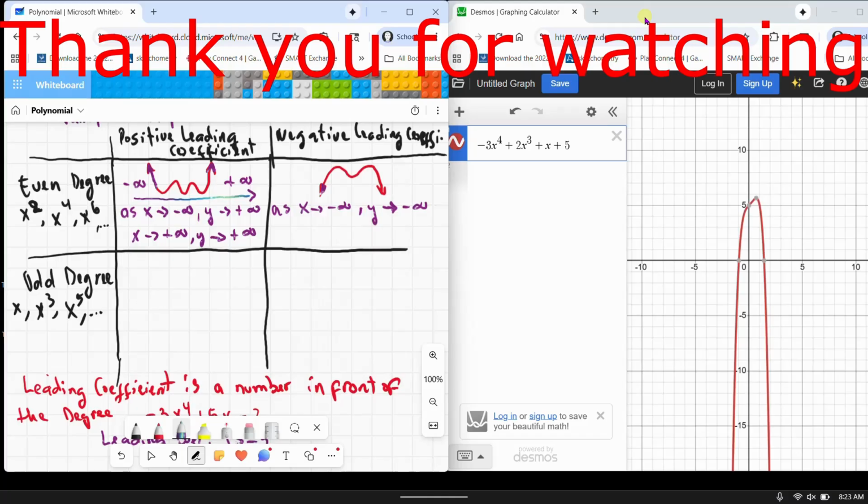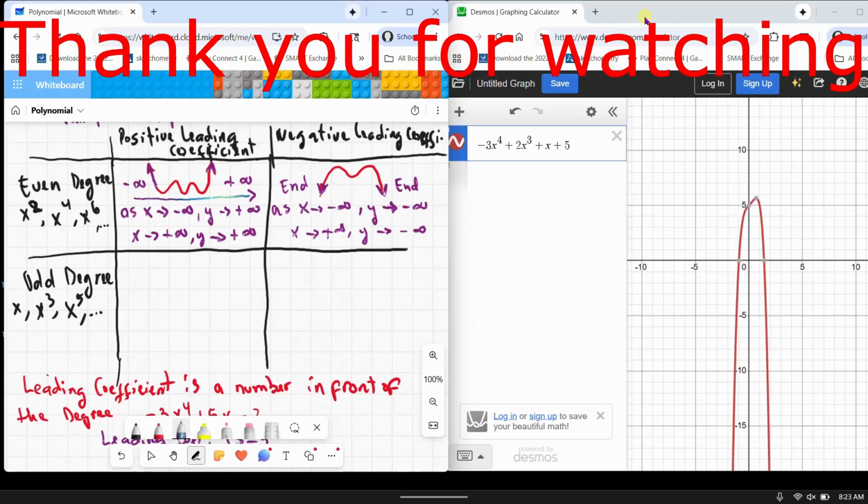If x goes to positive infinity, the function goes to negative infinity because it's also going down at the end. So remember, the end behavior is where these two ends of the graph are going.